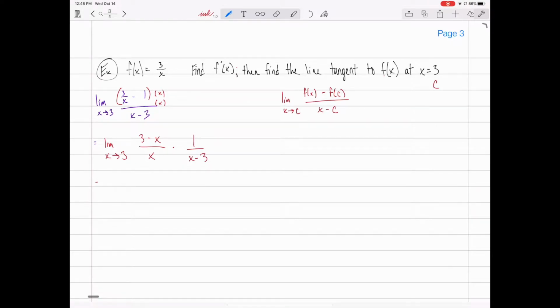All right, so this is just algebraic manipulation stuff. So x goes to 3. Factor out this negative 1 in the numerator to get x minus 3 over x times 1 over x minus 3. Remove this discontinuity, and we get negative 1 over 3 if we plug in an x.